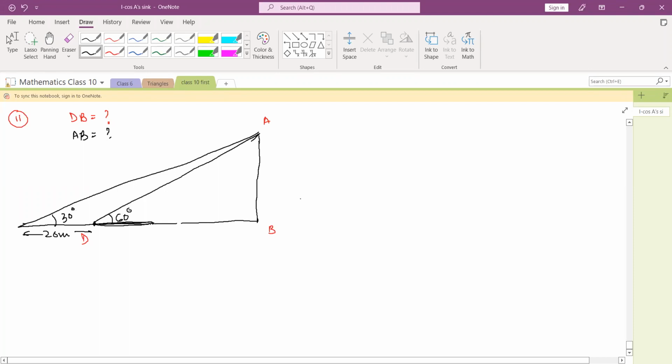So what will I do here? Again, tan I have to use, right? Tan is perpendicular upon base. So I'll do the same thing. Let me take this height as h, okay? And I take this distance x, all right?